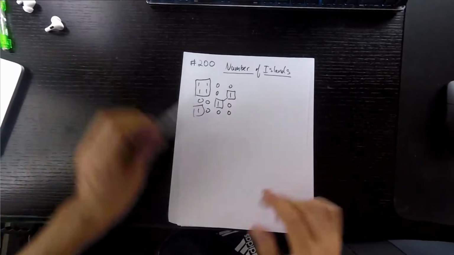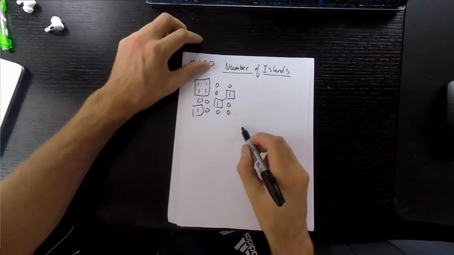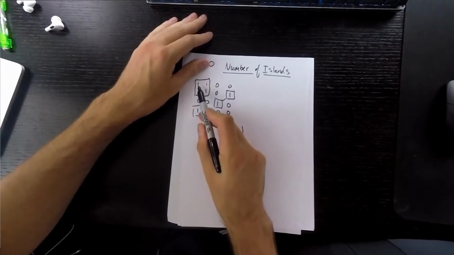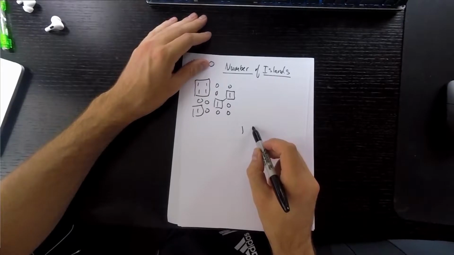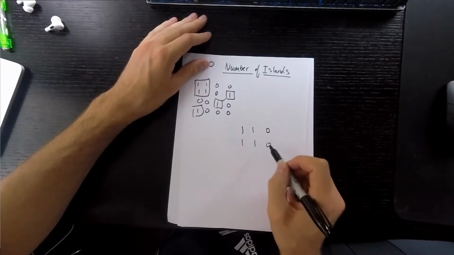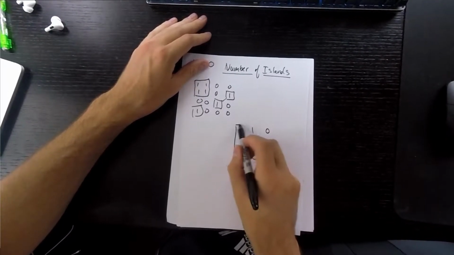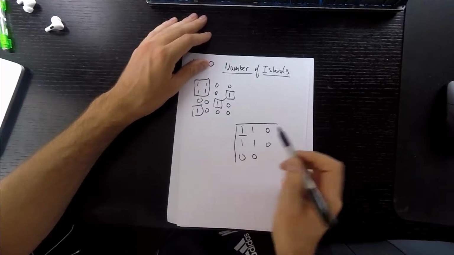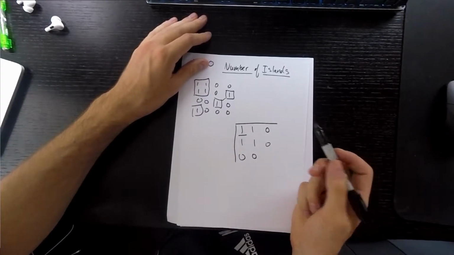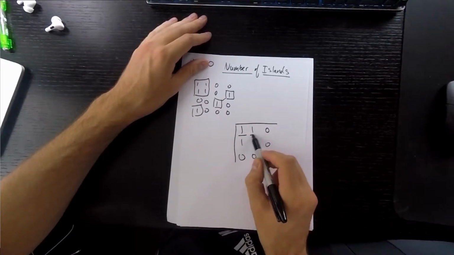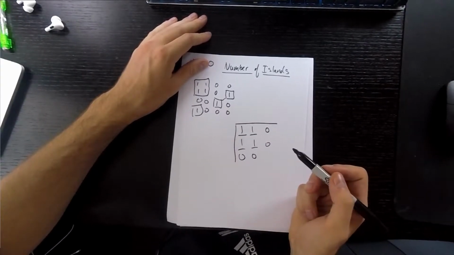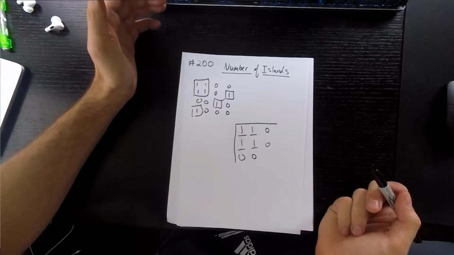So really, what are we doing at any one spot? Anytime we find a 1, we want to find that island. So in this very first case, looking at this 1, we would need to find everything in the island. Say we were able to find this, this, this, and this, and then we need to mark it as visited.